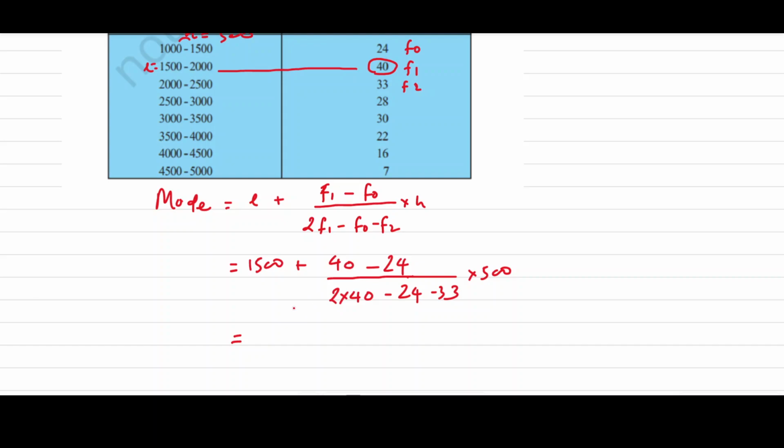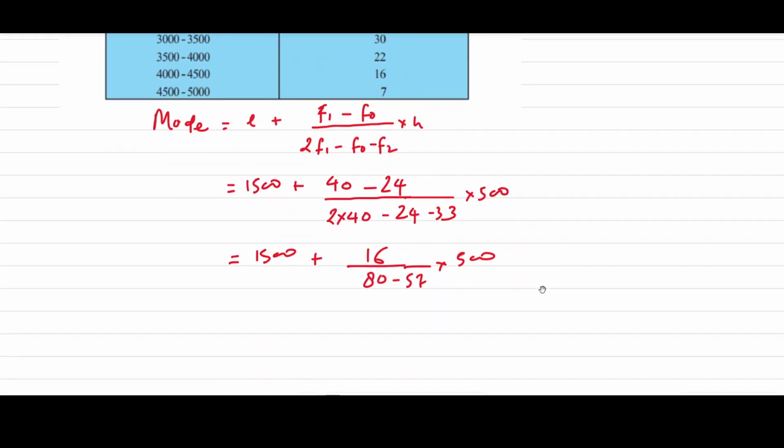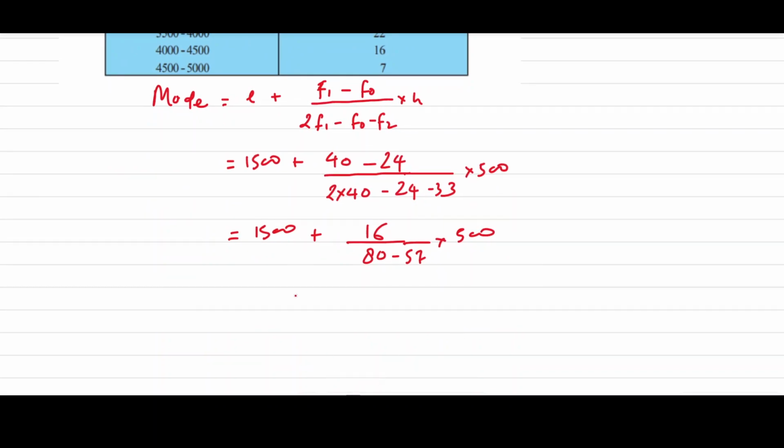Now solve this, simplify this. Here this will be 1500 plus 16 into 500 over, 80 minus 57, that is 23.